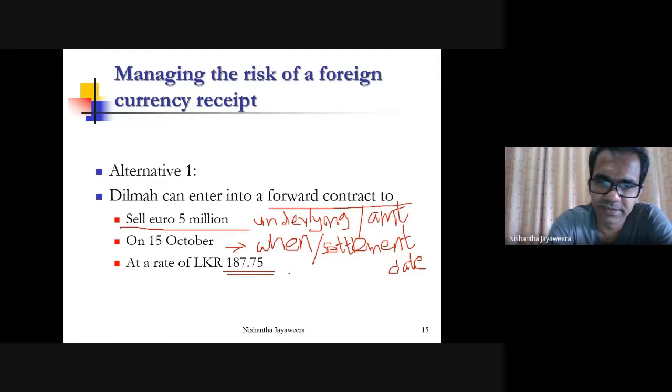Practically, the banker will quote this price to the exporter. Clear? Any questions on that?